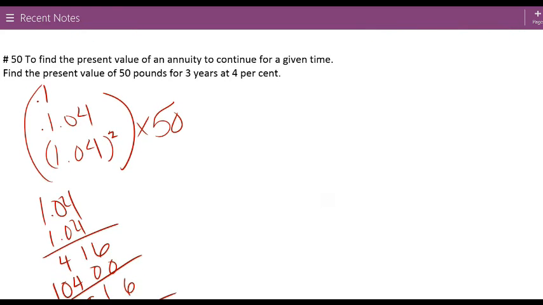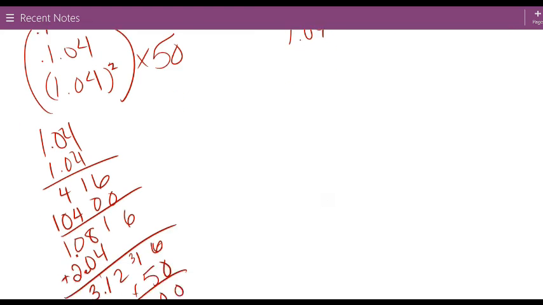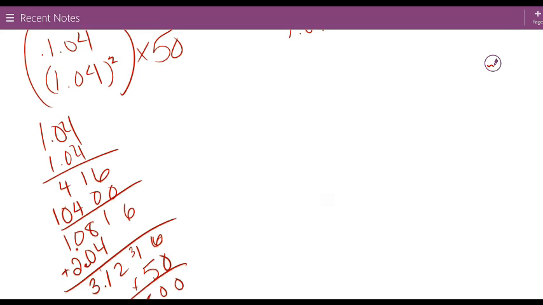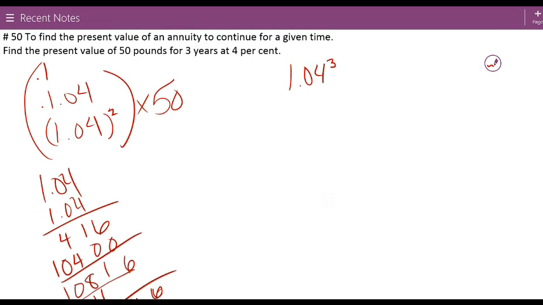To do that, we have to look at the regular formula for compound interest, which at 3 years would be 1.04 cubed. So 1.04 squared gives us 1.0816. I'm just going to use that number times 1.04 to get our cubed.